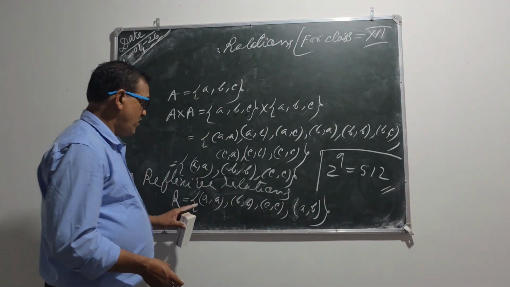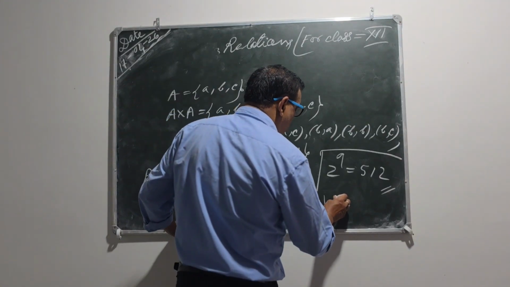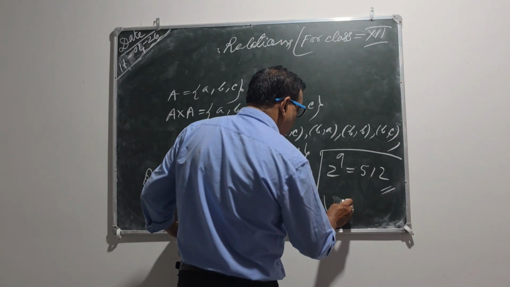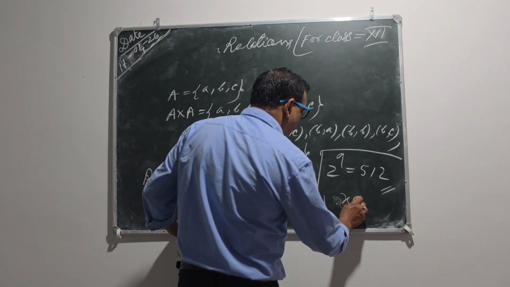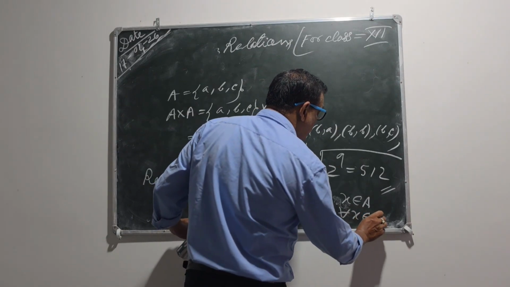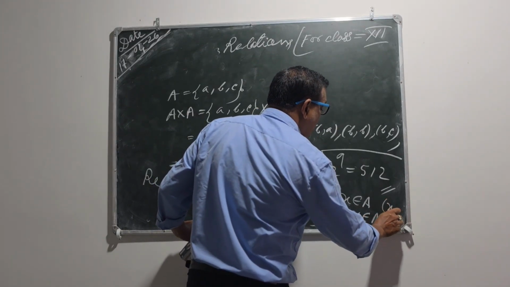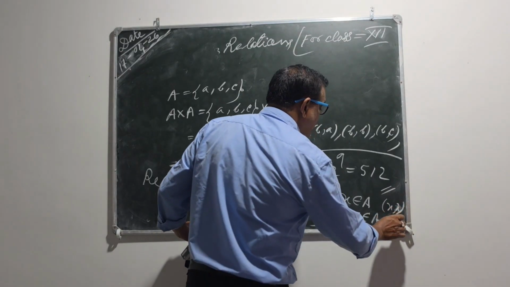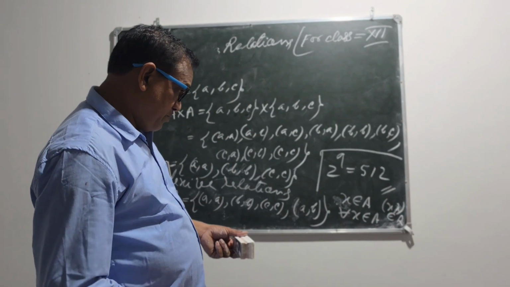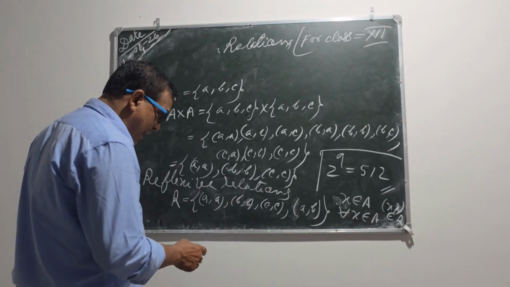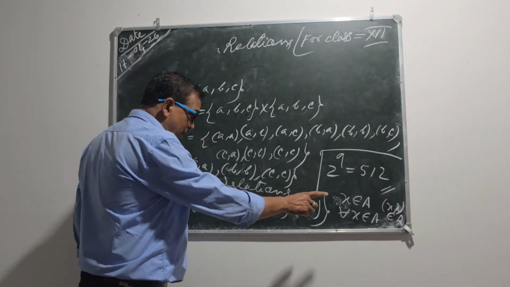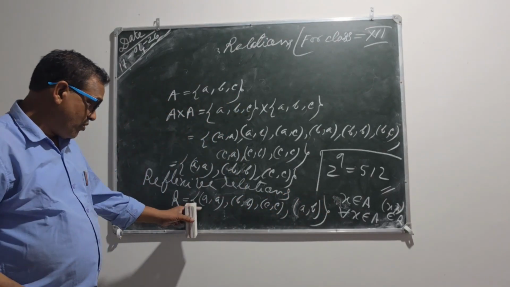Here, for all (a, a), that means if x belongs to A, then for all x belongs to A, (x, x) must belong to R. For all x belongs to A, if (x, x) be in the relation, then it will be a reflexive relation.